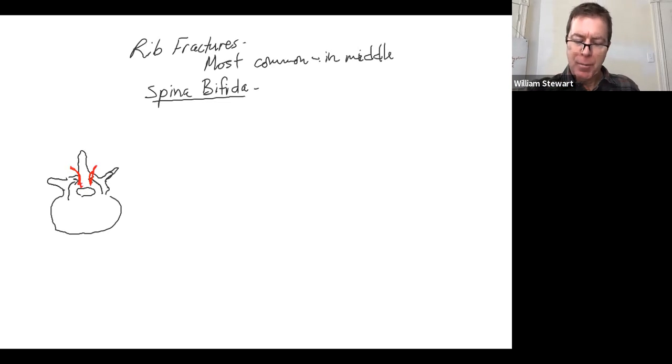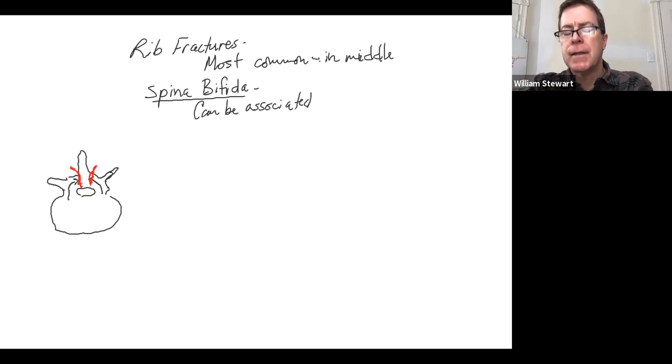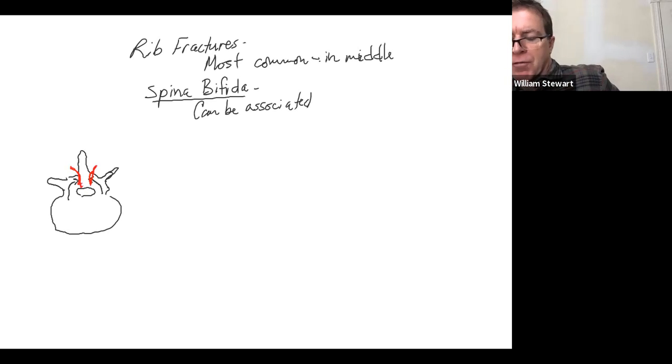Going back to my black pen. Children who are afflicted with this can be associated with levels of vitamin B or folic acid during pregnancy of the mother.